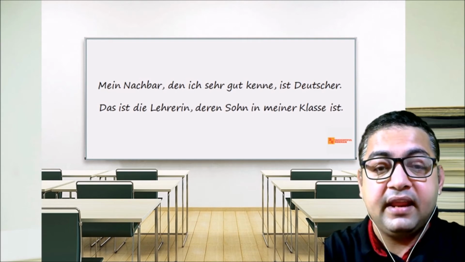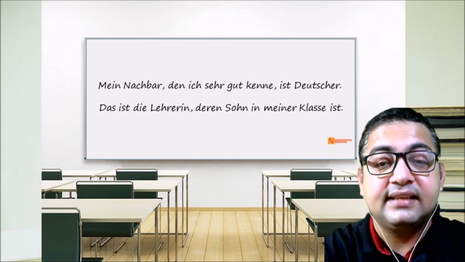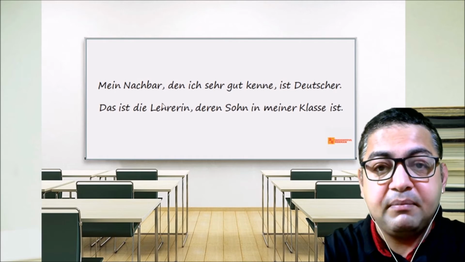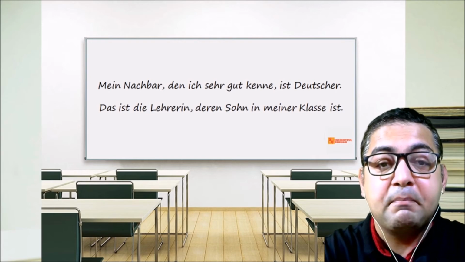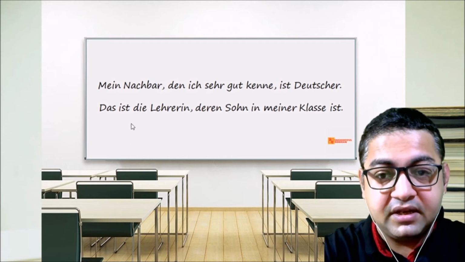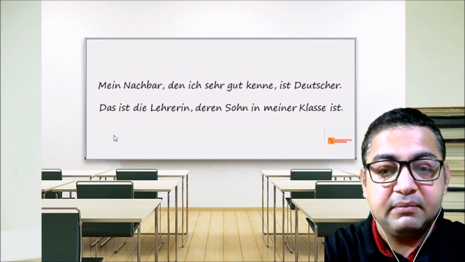Mein Nachbar, den ich sehr gern habe, ist Deutscher. So we see in this sentence, den is representing der Nachbar, but it is accusative because ich is my nominative part. Das ist die Lehrerin, deren Sohn in meiner Klasse ist. We see this deren is used for the Lehrerin whose son is in my class.